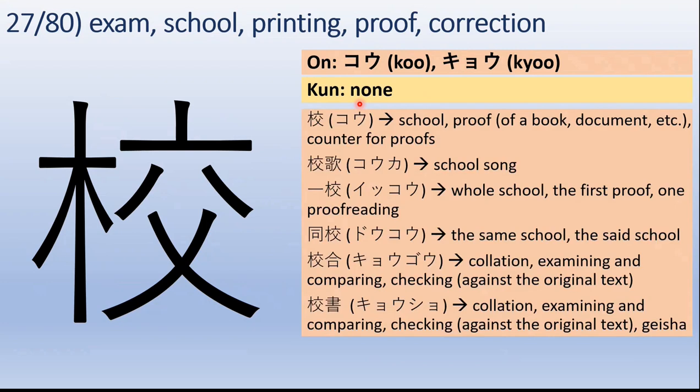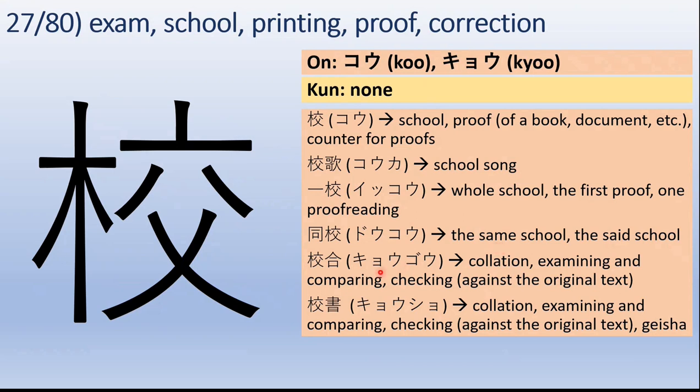So we have ko as school or proof of a book, document, etc., or counter for proofs. Then we have koka, which is school song. Then we have ikko, which means the whole school or the first proof, one proofreading. Then we have doko, which means the same school or the said school.